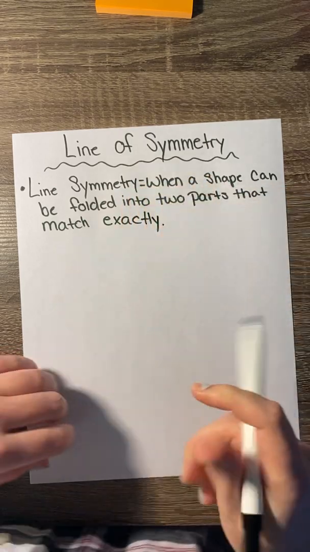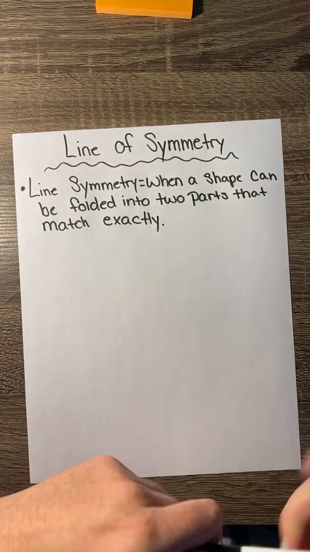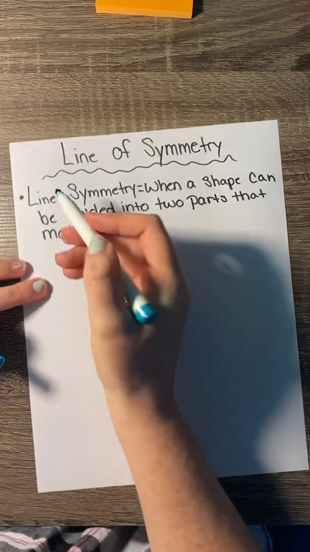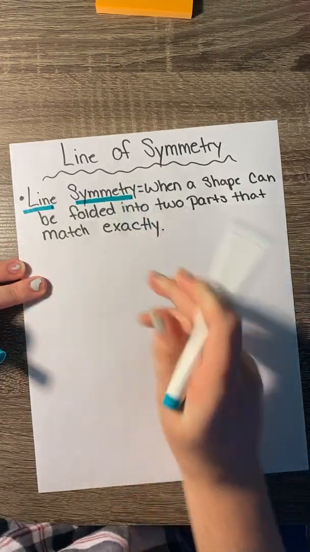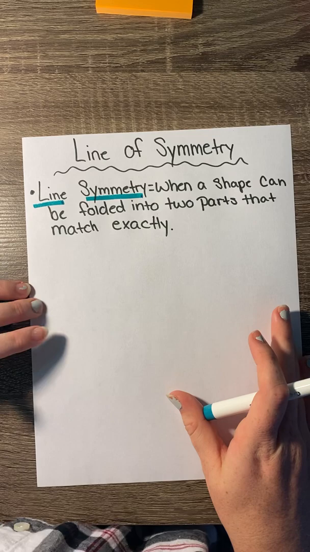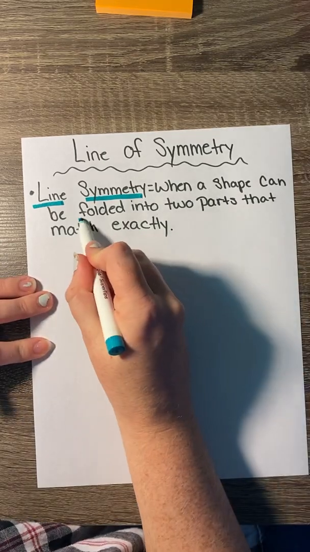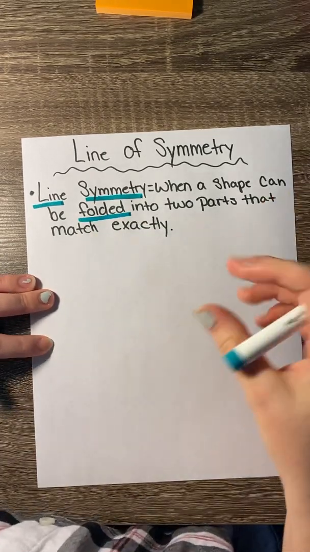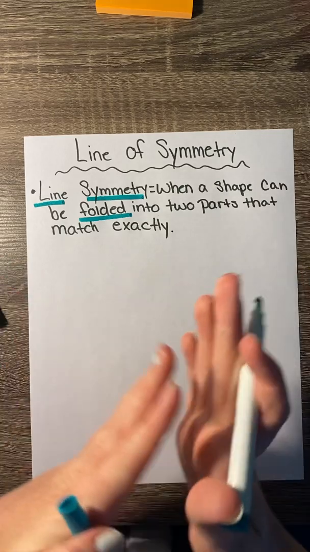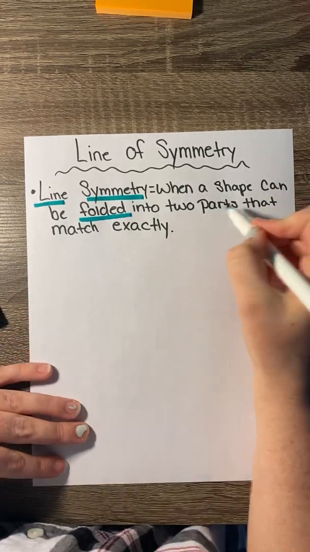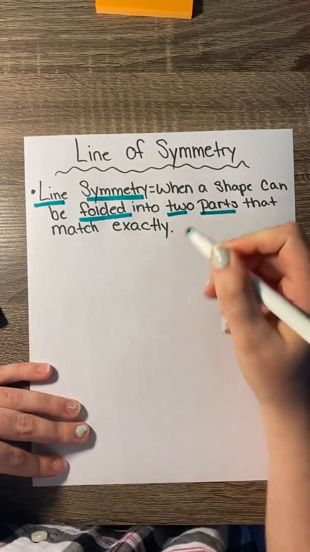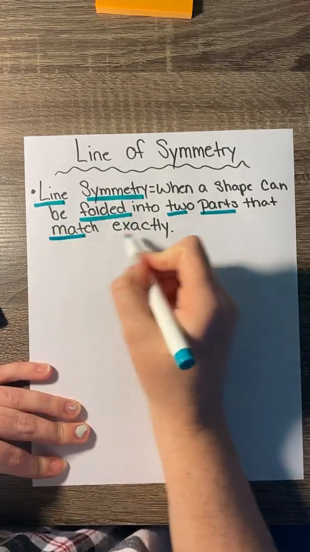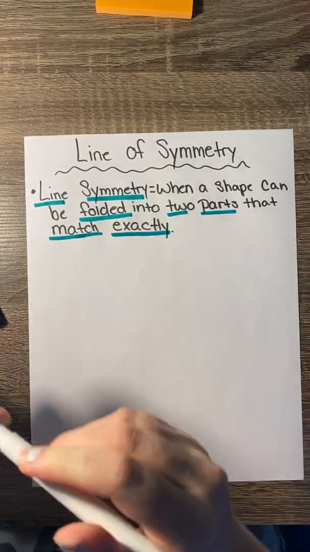There are some things I want to underline in this. We want to underline our term, line symmetry. Then we want to underline folded, because that's really important. We want to make sure that we're folding the shape. So it needs to be in two parts. So underline two parts, and then the parts have to match exactly.